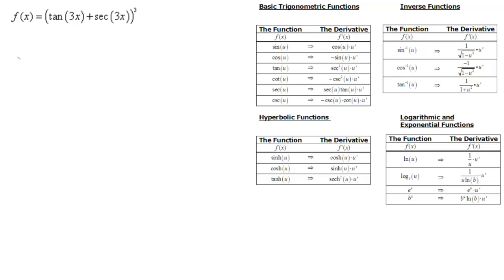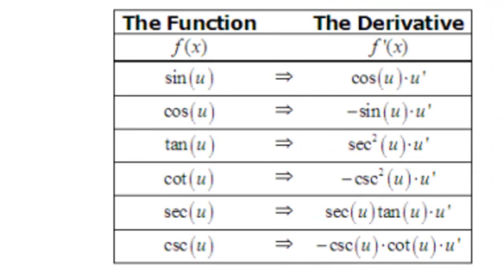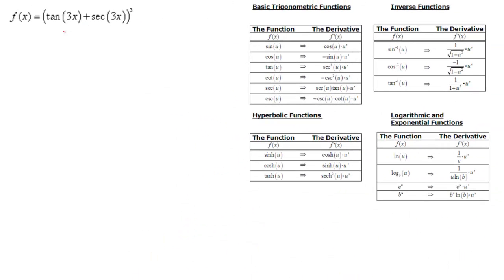The next example we're going to look at has a tan and a secant in it, and it's all to the power of 3, so we need to make sure, again, we use the chain rule and the tan and secant rule. So if we take the derivative here, f prime of x, well, we start on the outside and work our way in. So the 3 comes down, everything stays the same inside, and the 3 becomes a 2.